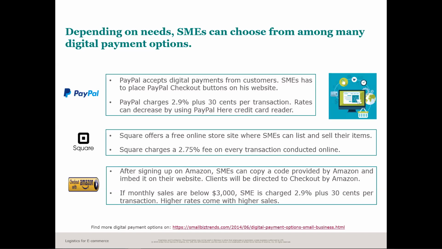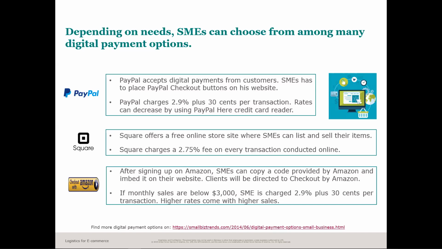PayPal charges 2.9% plus 30 cents per transaction. And this is an example that we're providing so that you can have a sense when you're thinking about the pricing, what will be the type of cost that you need to take into consideration. Rates also go down if you use a PayPal credit card reader, etc. This is an example of what you have.